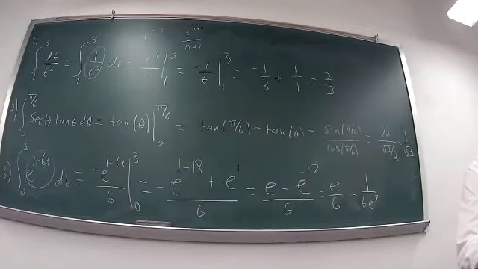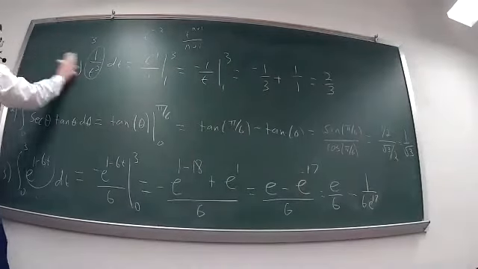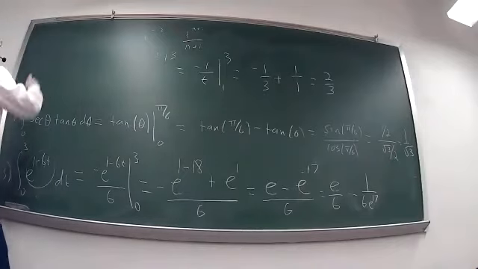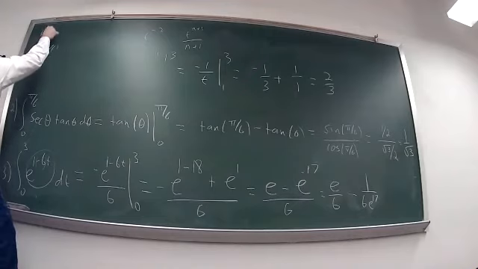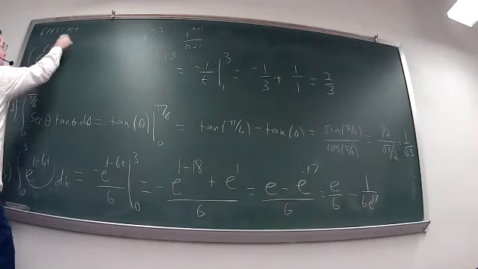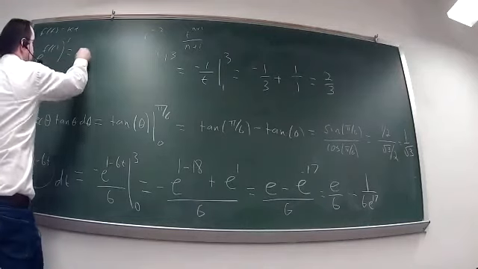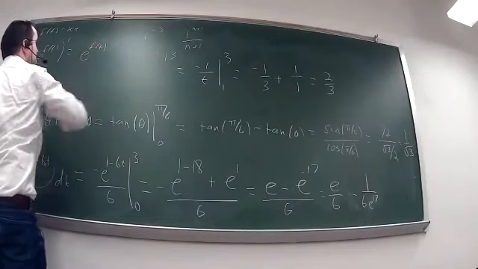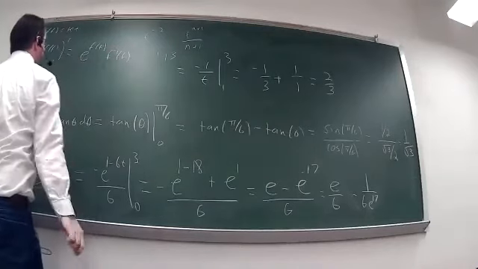So there's a question: why is it true that the derivative of e to the kt is k times e to the kt? That's because of the chain rule. If you take a composition of two functions and take the derivative, it's going to be the derivative of the outside function, which is e to the f of t, times the derivative of the inside function, which is f prime of t.